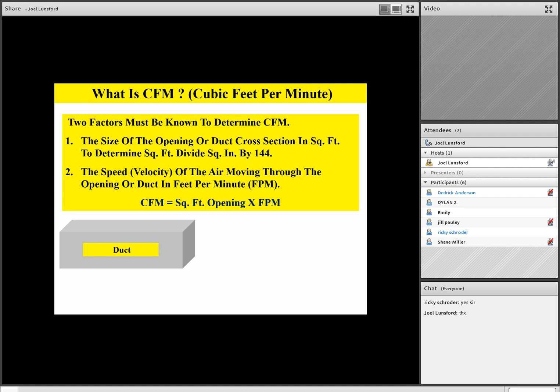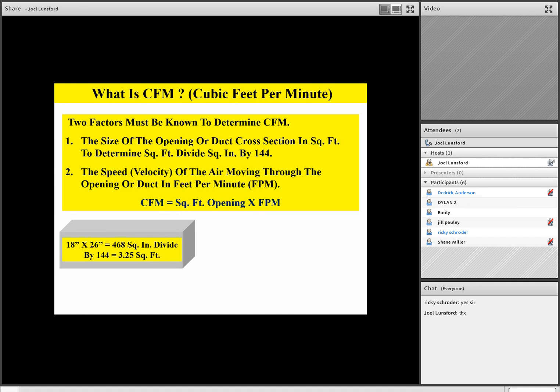So as you take a look at our graphic, let's do a couple examples together as you clear your calculator or have your calculator function handy. In our example, let's say we have an 18 by 36 duct. If you take a look at the graphics on your screen, we see a duct section down below, that gray rectangle representing a duct. Let's say it's 18 by 36.